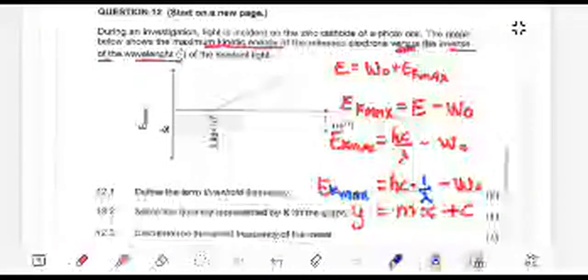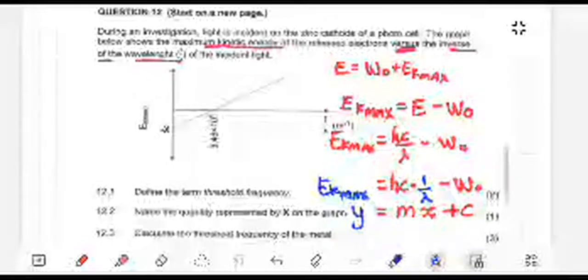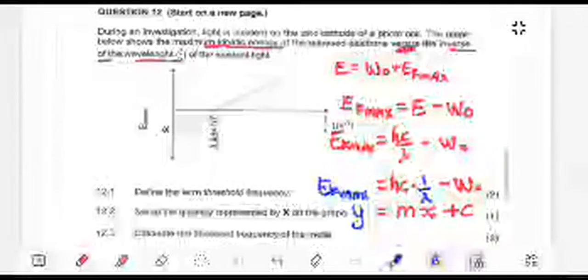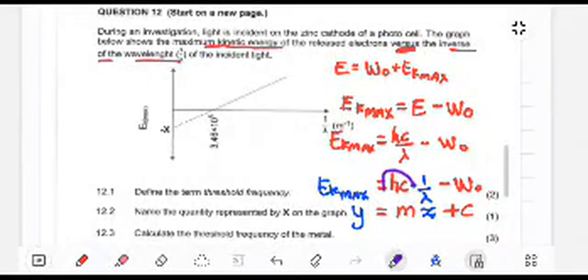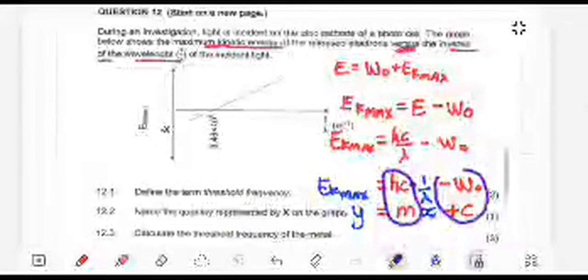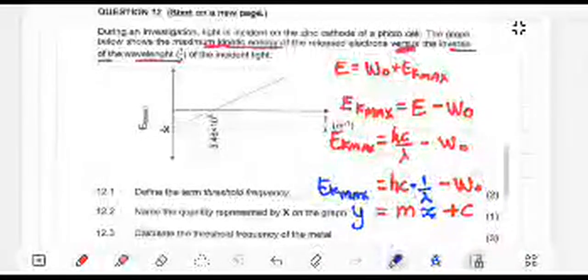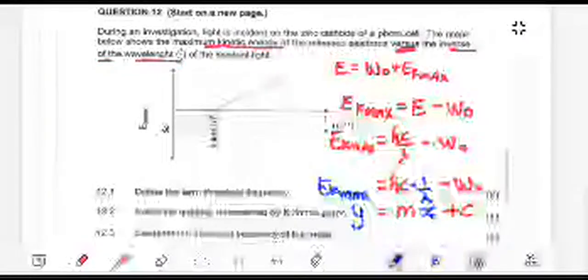As we can all see, EK max is already y. Nonetheless, HC is our gradient m, and our y-intercept is the negative work function.